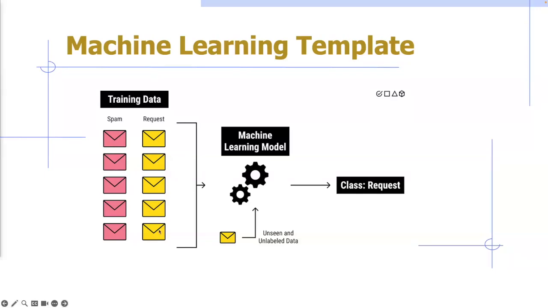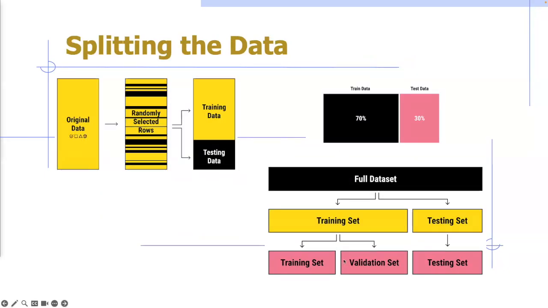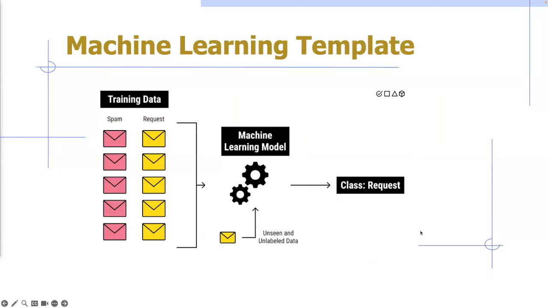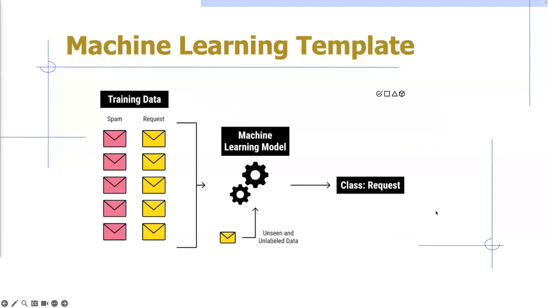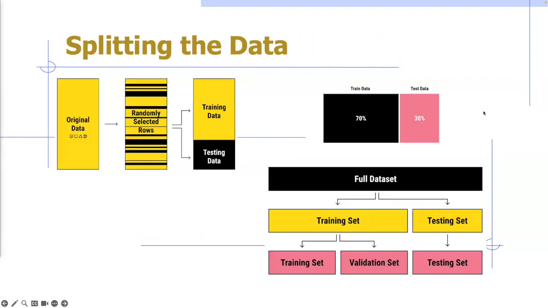So you put this training data into the model, and you're training the model, by the way, and the model learns from the labels, from the features, and then with the test data, it gives you a predicted class. So you're going to have spam labeling in this case.